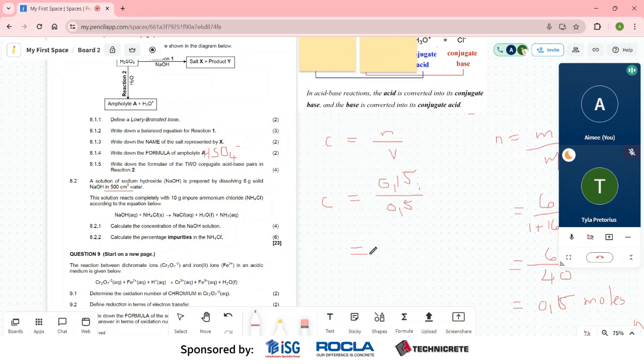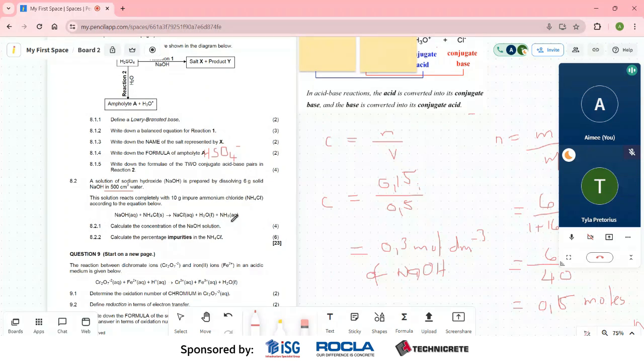And so my concentration is equal to 0.15 divided by 0.5, which gives us 0.3 moles per decimeter cubed of NaOH. And that's correct. That's your final answer.